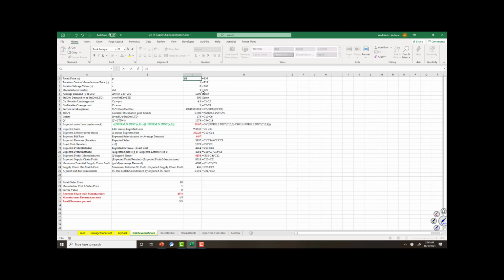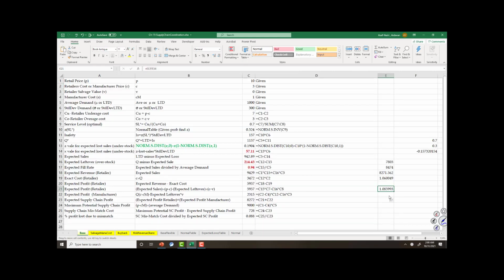Therefore, the actual price for the retailer from $10 will be changed to $5.5. And under this new situation, the expected profit of the supply chain is this much. This is the profit divided by the original profit, and it is a 9% improvement.